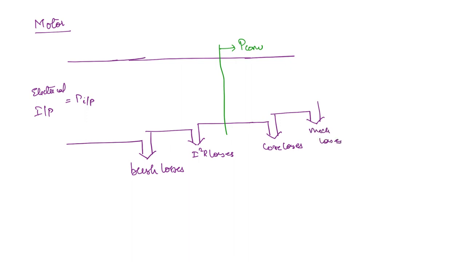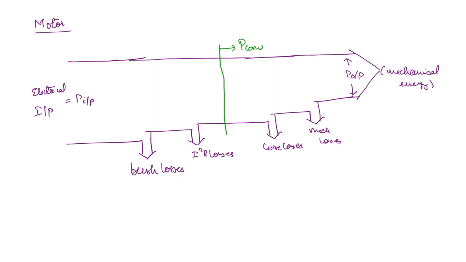So whatever power is available is the final output power. And what will this output power be in the form of? It will be in the form of mechanical energy. So this is how you draw the power flow diagram. Often you draw an arrow here as well to show the direction of power flow. So this is for the motor.